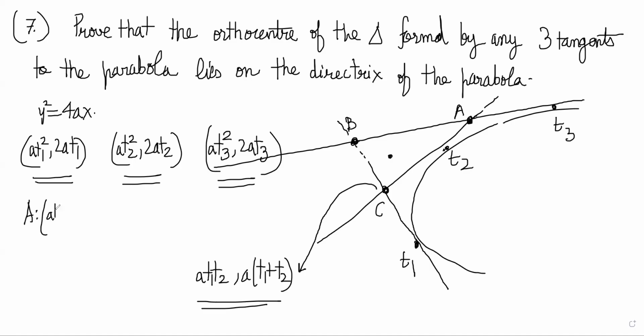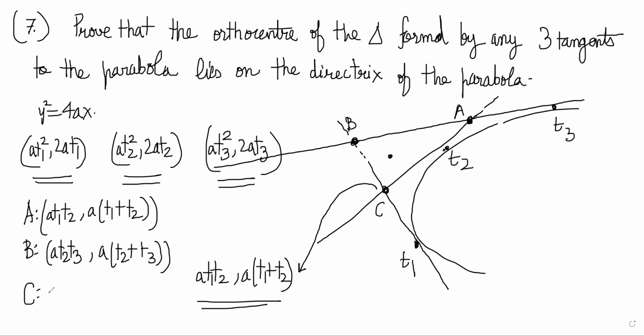They will be (at1t2, a(t1 plus t2)), B would be (at2t3, a(t2 plus t3)), and C would be (at3t1, a(t3 plus t1)). These are the three coordinates of my triangle, and I have to find the orthocenter of this triangle.